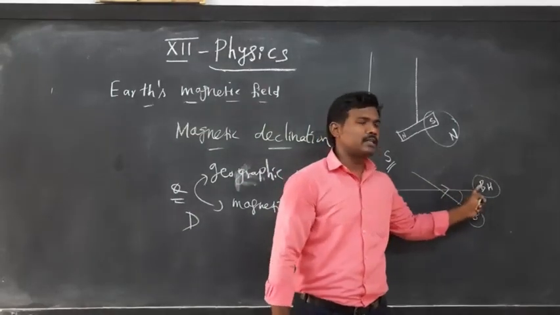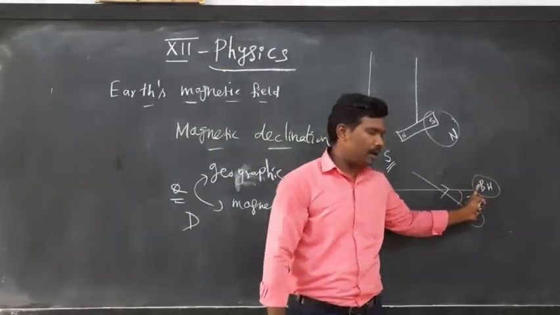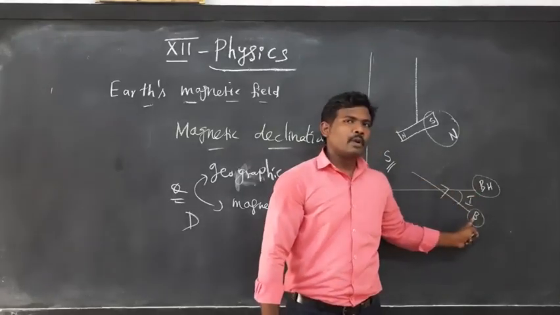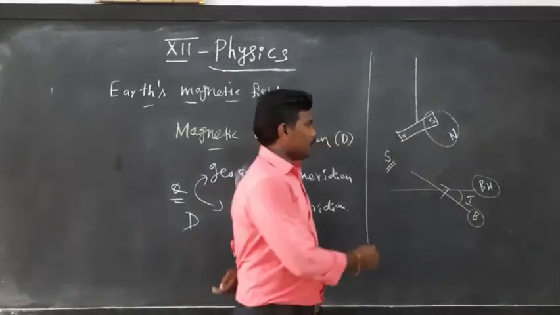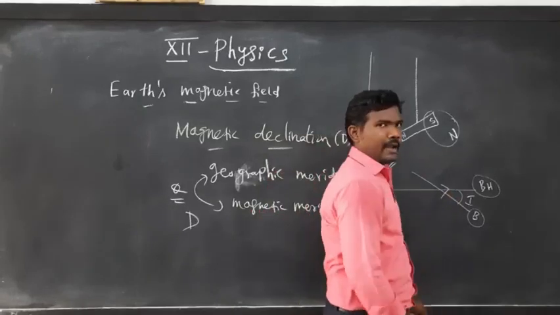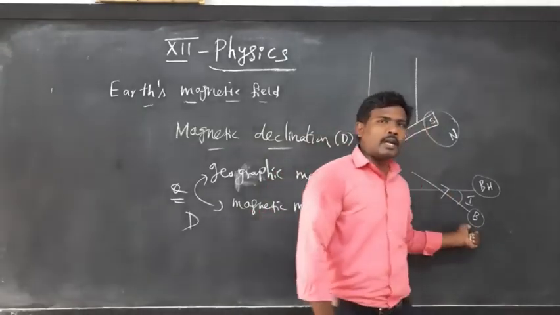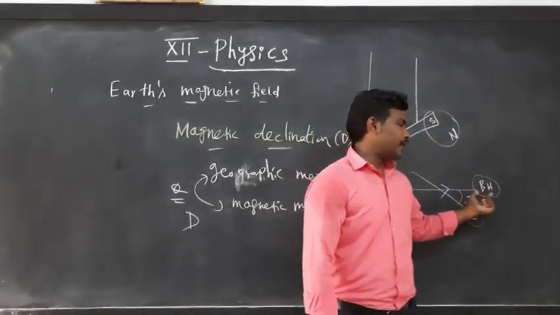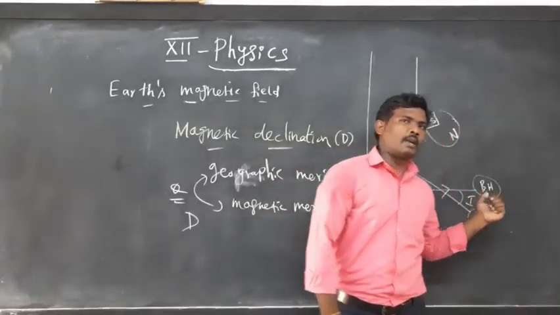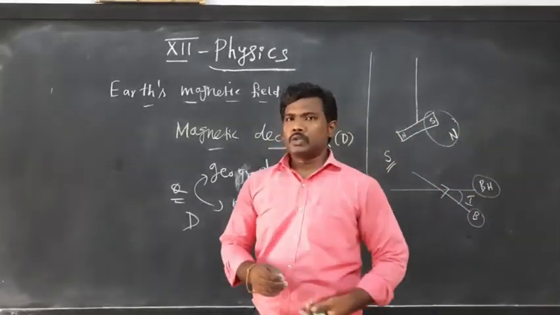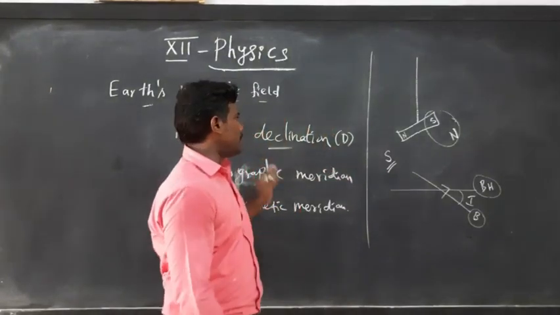The direction of the horizontal component of the earth magnetic field and the direction of the total earth magnetic field. So magnetic tip is called the angle between the total earth magnetic field and the direction of the horizontal component of the earth magnetic field. So we described the two statements.